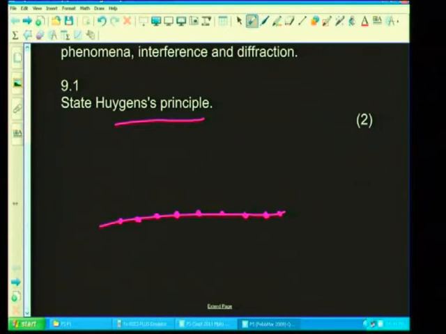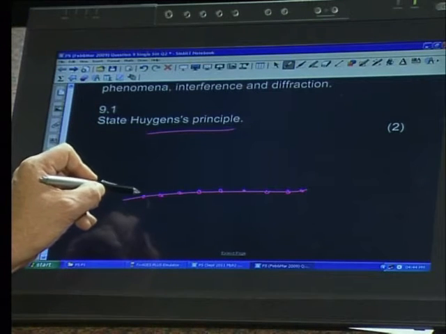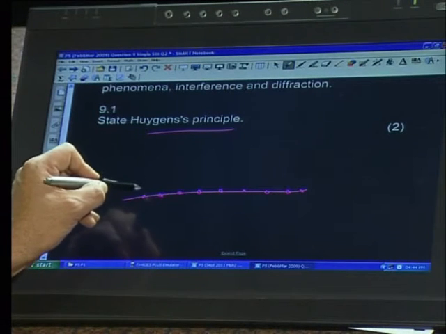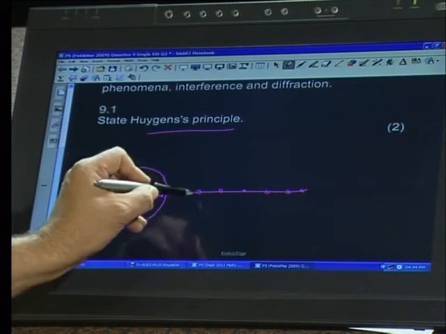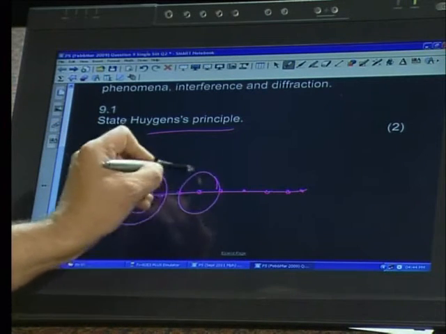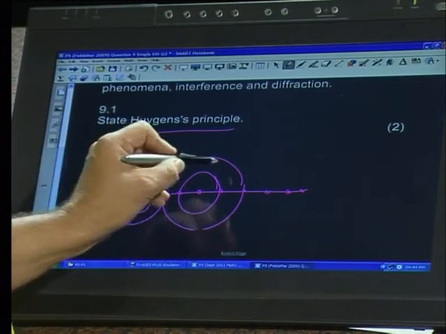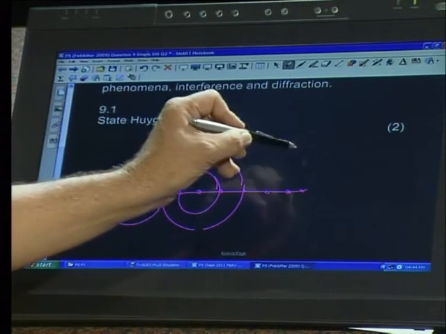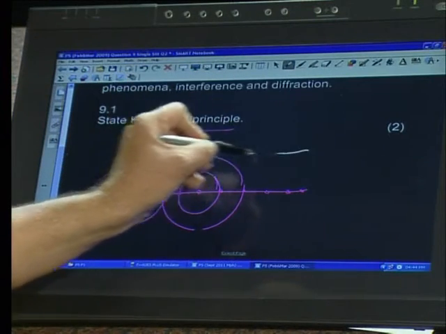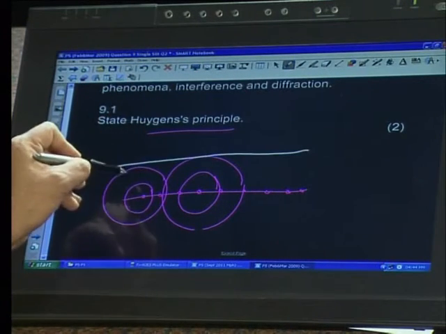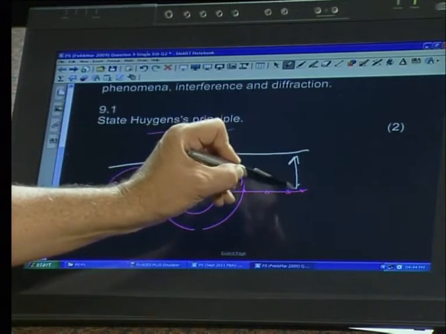And you get it written like that, diagram drawn like that, then what you need to recognize is each of these points can now start to radiate out new waves. So this point is going to radiate out some new waves, and the sum of all these wavelets will form the new wavefront. So where you get constructive and destructive interference, the sum of all these wavelets will form the new wavefront at a new time.